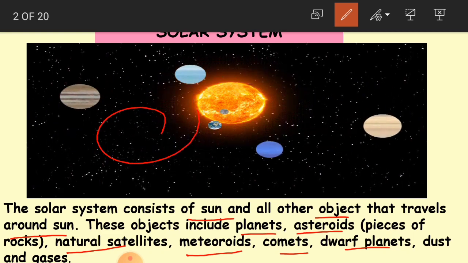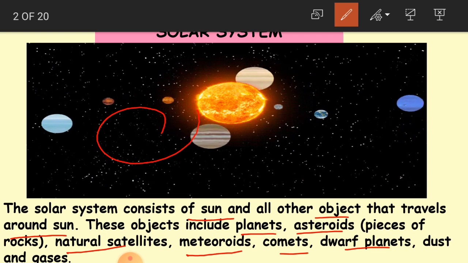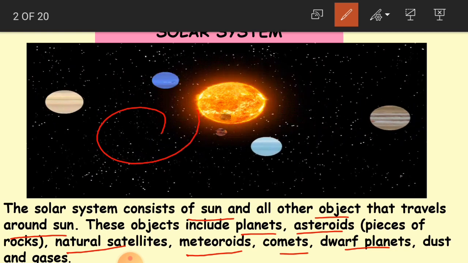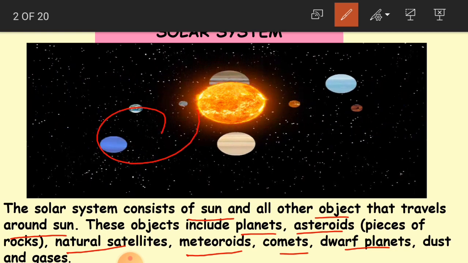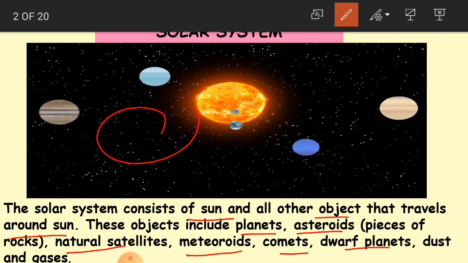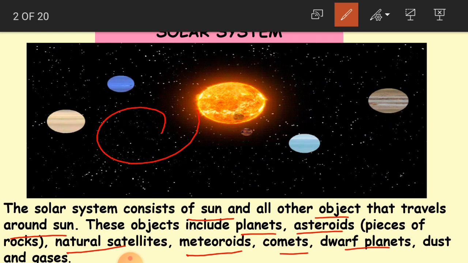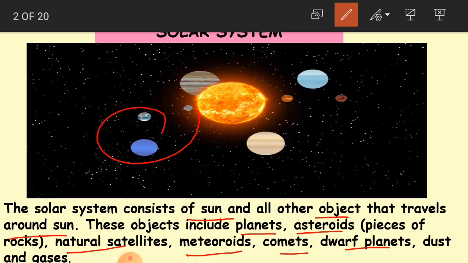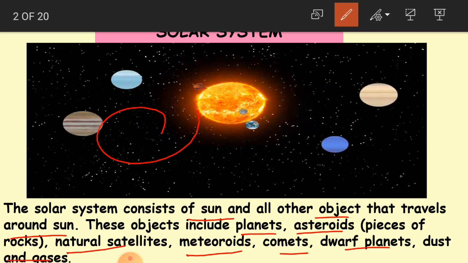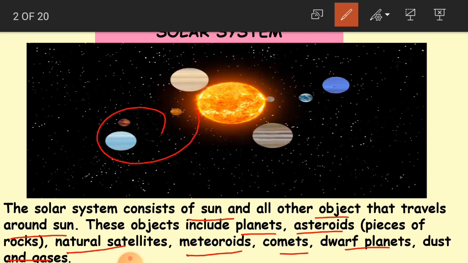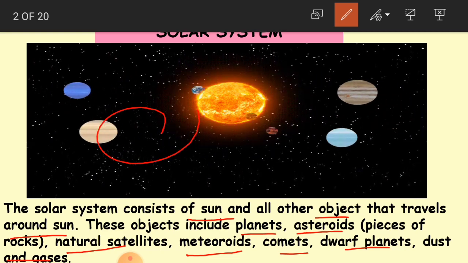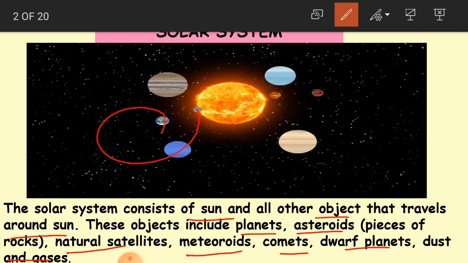Okay children, we had a planet Pluto. Now it is considered a dwarf planet because it is very small in size. Along with these objects, you also have dust and gases in the solar system.